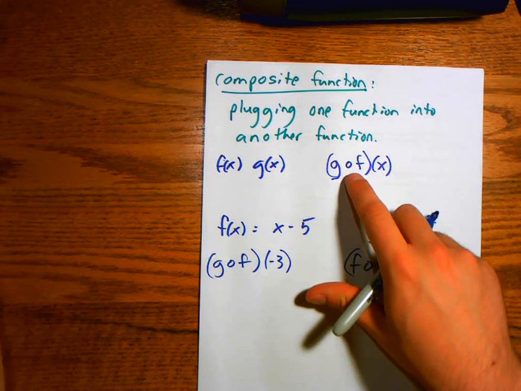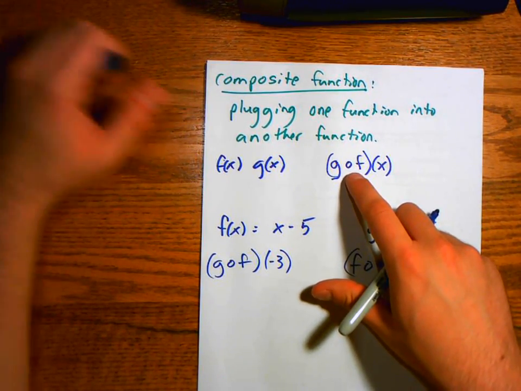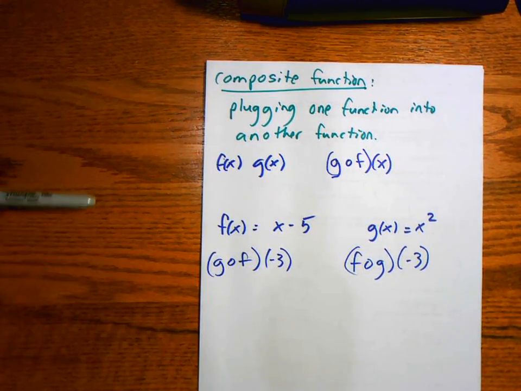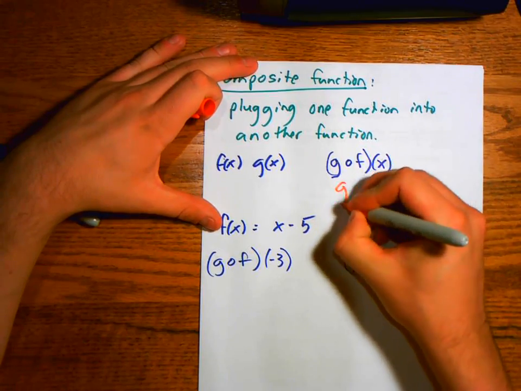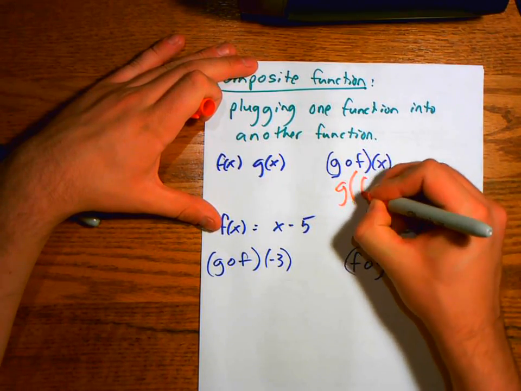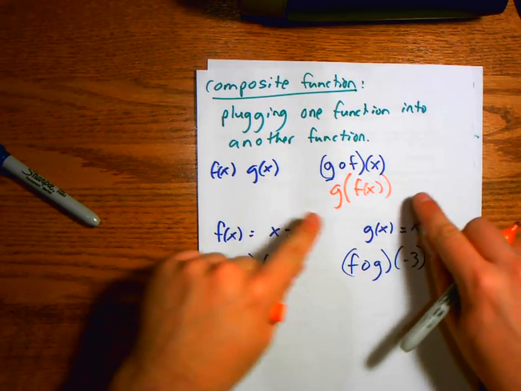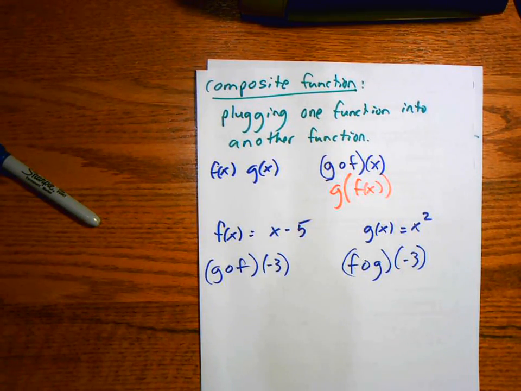Another notation that I may use looks like this. So we have g on the outside, and on the inside of my parentheses I have an f of x. So I have an f of x inside my g of x function.